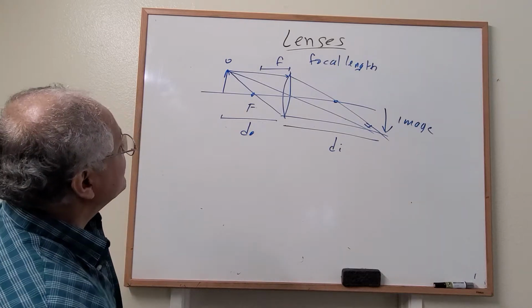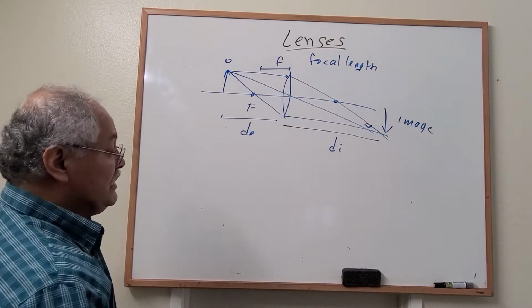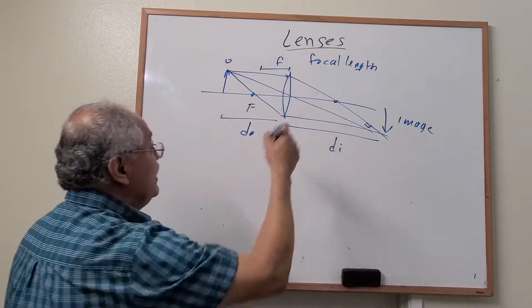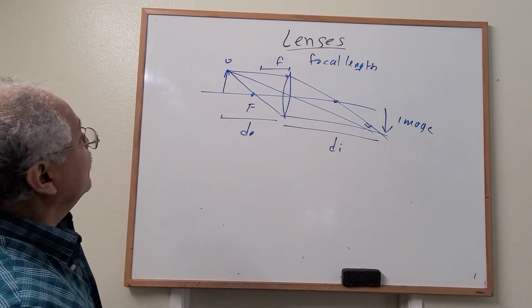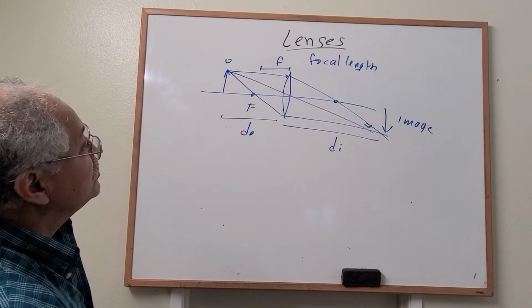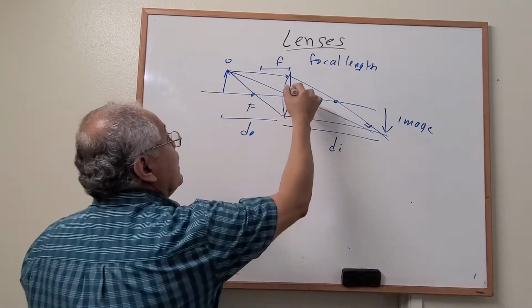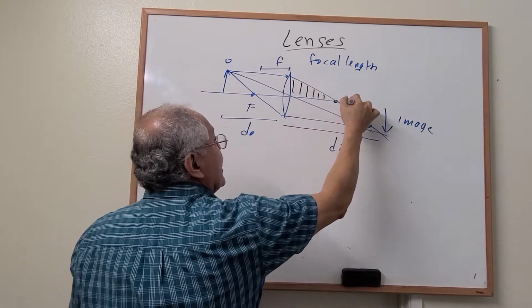Great. To do that, let's look for triangles, using this figure right here. Look, we have these two triangles: this triangle and this triangle.